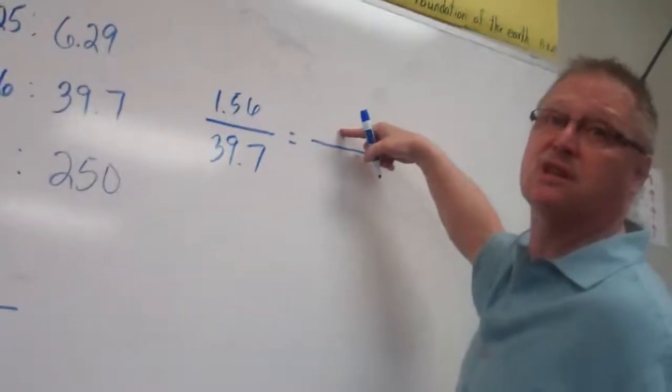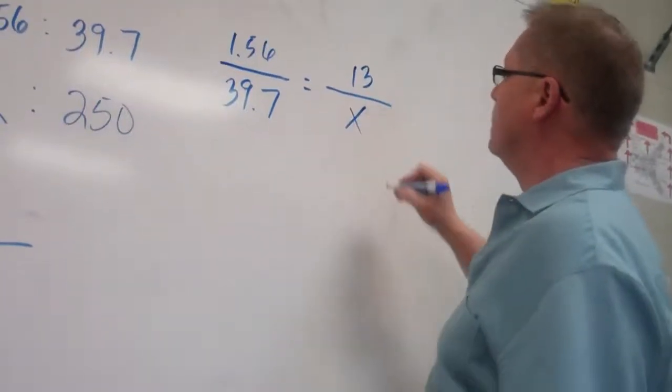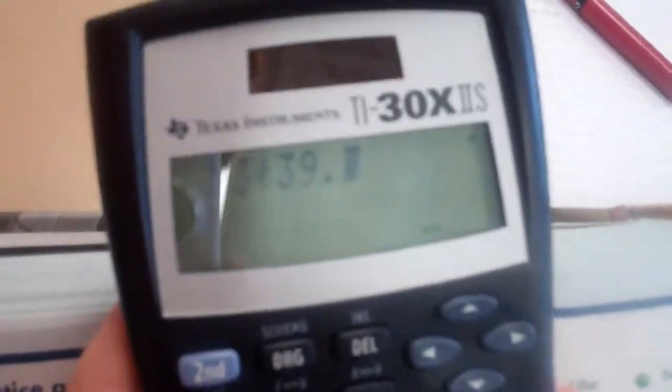And it was what? 13 yards. 13. So you can't, because you don't have a calculator. Logan will have to go 13 times the 39.7 that he had, and then divide by 1.56. 330.8.